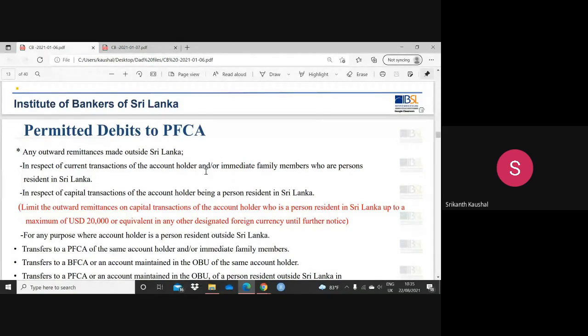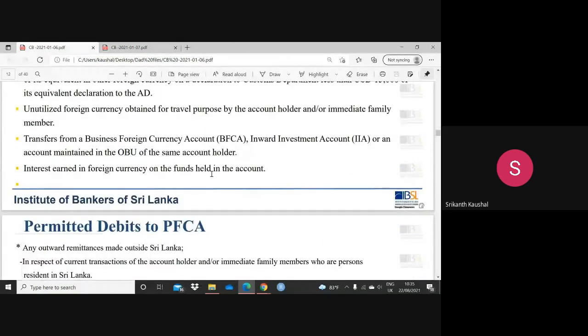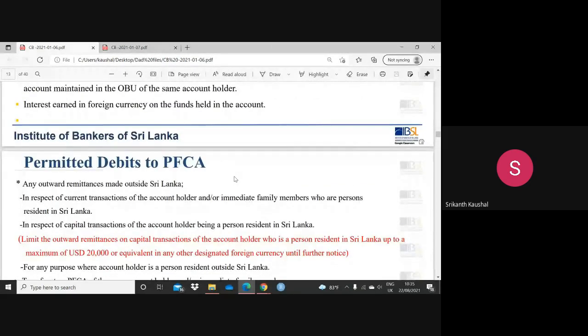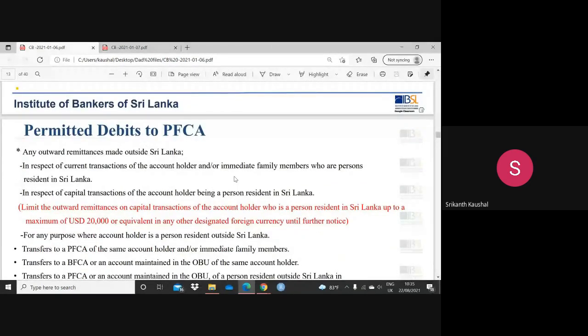So we look at the permitted credit, and now we are looking at the permitted debit. And permitted credit, remember, if you happen to write 2 or 3 permitted credits, always remember inward remittances, 1 credit, and then any fund transfers within the same account holder, PFC to PFC of the same account holder.